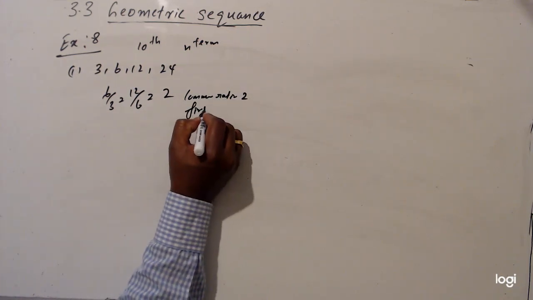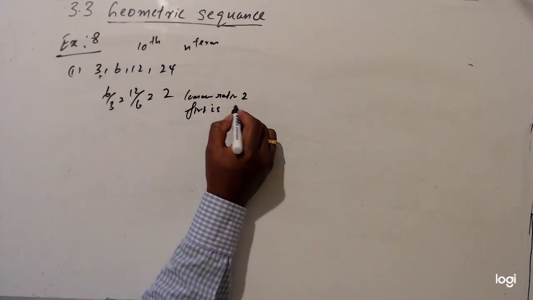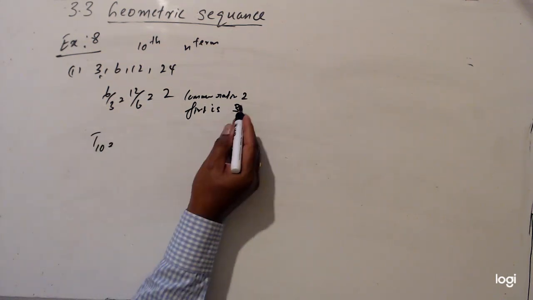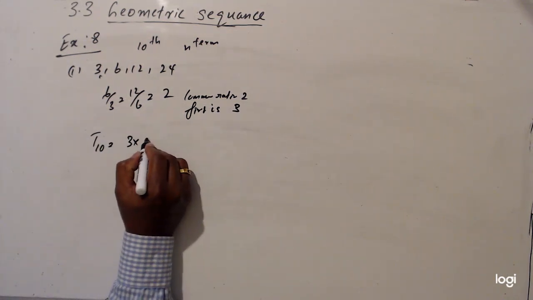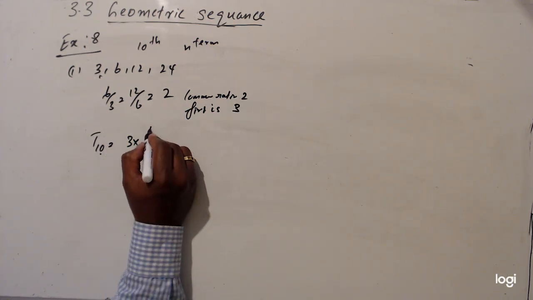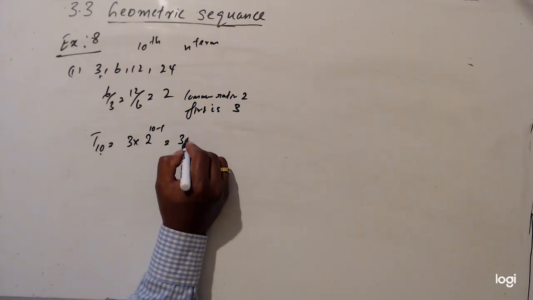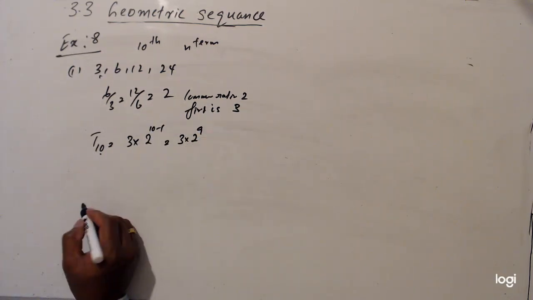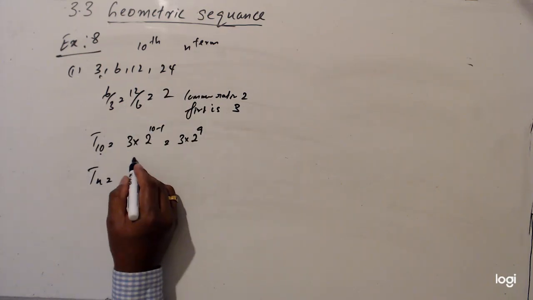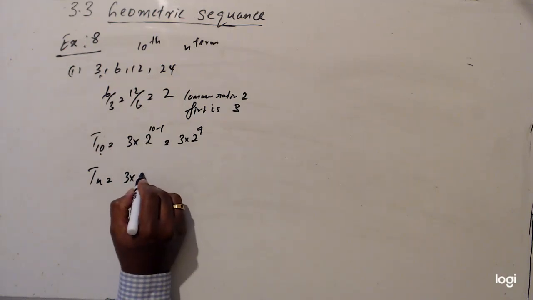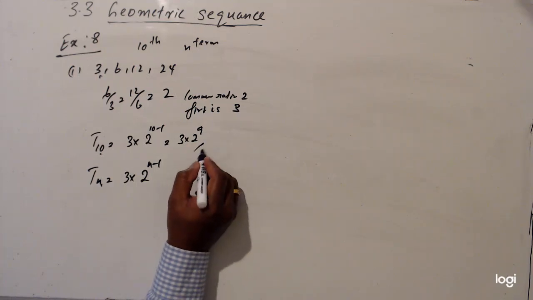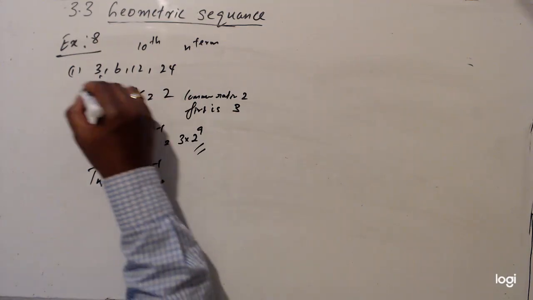So first term is 3 and we need 10th term. So T10 equals first term times the common ratio to the power 1 less than this value, 10 minus 1. So 3 times 2 to the power 9. And we need the nth term, Tn. Again we need the first term and then the ratio and 1 less than this one. The next one is part B.